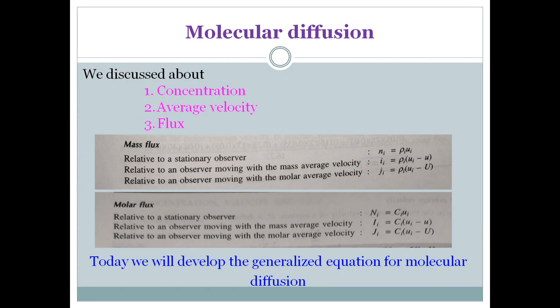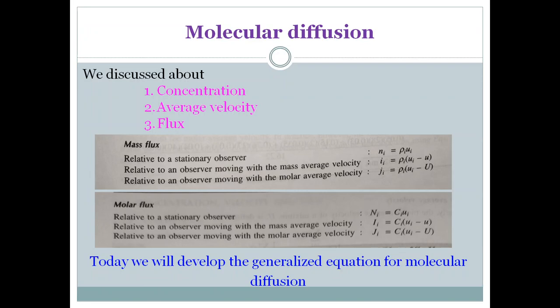So in lecture 4 we discussed three things. One is concentration. We have seen the mass concentration, weight fraction, molar concentration, mole fraction, and we denoted mole fraction for the liquid phase xi and for the gas phase yi.